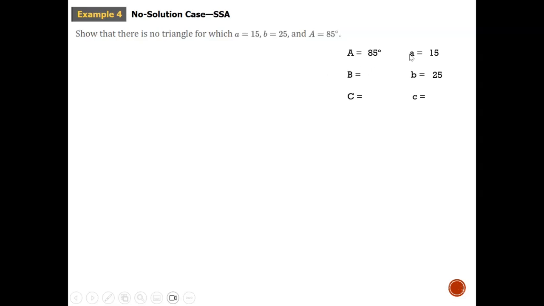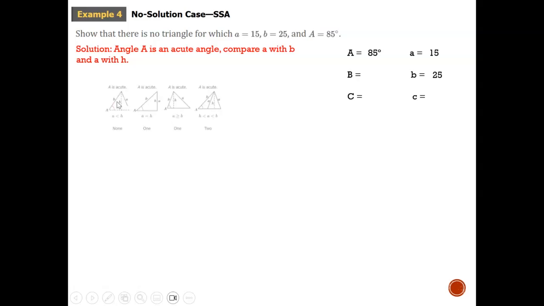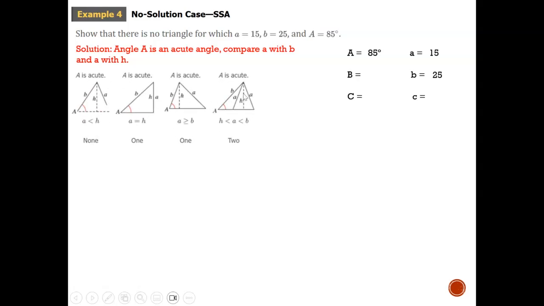Acute. So then we're going to compare A, B, and H. Compare A with B and A with H. So it's going to be one of these here, guys. Right away we know that B is more than A, right? So right away we know that this one cannot be it, where it says 1, because on this one, A is more than or equal to B, which is not true here.